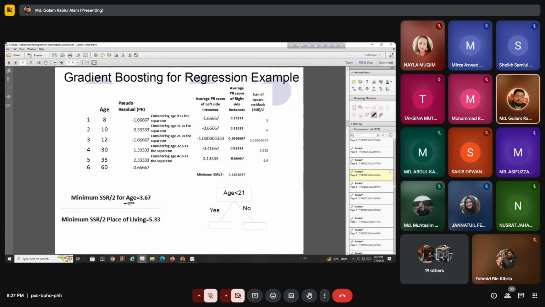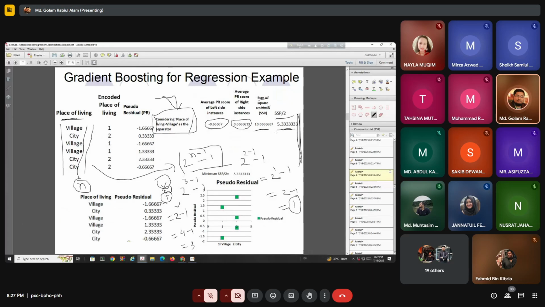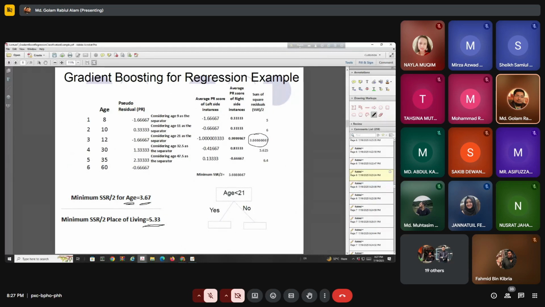We can see from age, the minimum we got is 3.67. And for place of living, the minimum is 5.33. So between these two, the age induced the lowest error, that is 3.67.